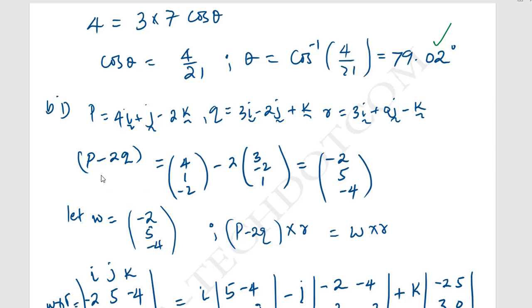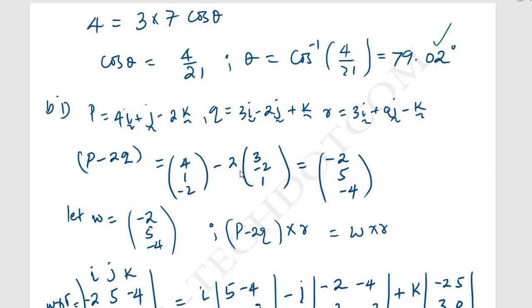If we express them in the form of column vectors, this will be 4, 1, negative 2, minus twice 3, negative 2, 1. The 2 will be multiplied into vector Q, so that I have 4 minus 2 times 3, which is 4 minus 6, and this gives you negative 2.